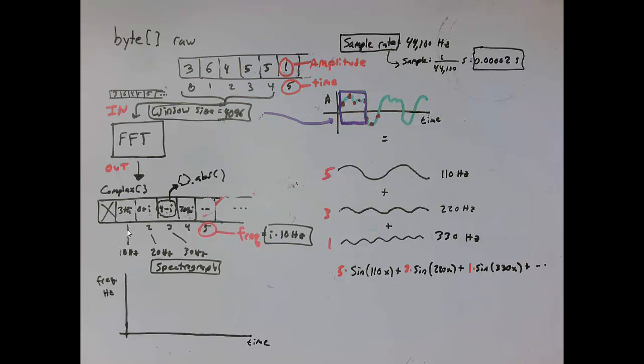So for example, index 1 corresponds to 10 hertz, which is a very, very low sound. The absolute value of its number will tell you how loud that particular sound was in the 1/10 of a second of audio we gave it as input. So each of these values spreads out the original sound. How loud are all of the different pitches that make up that 1/10 of a second of sound?